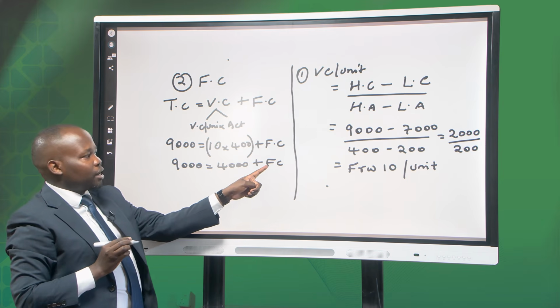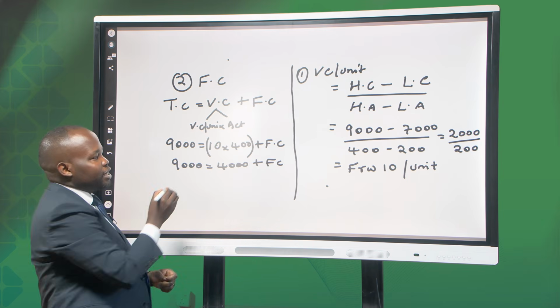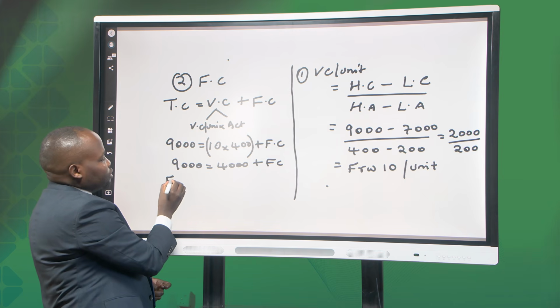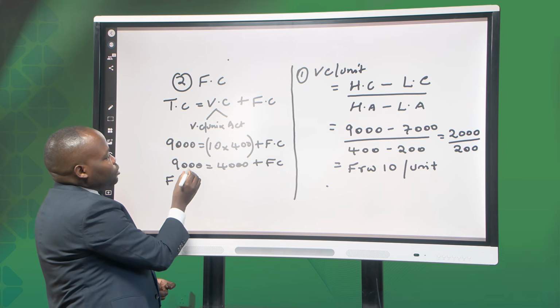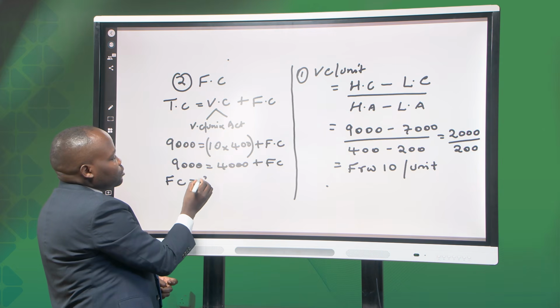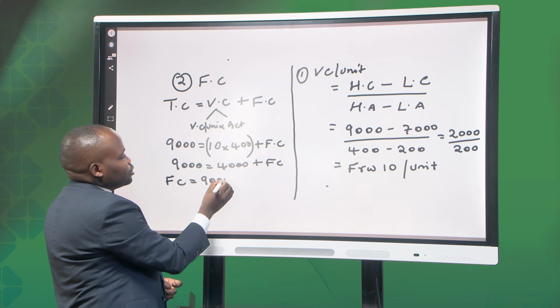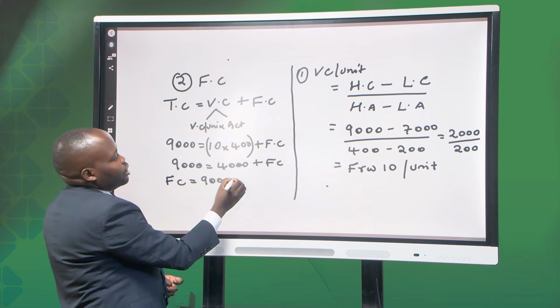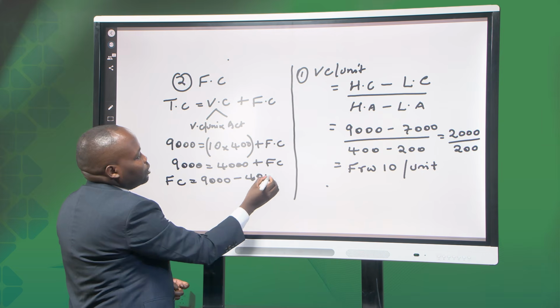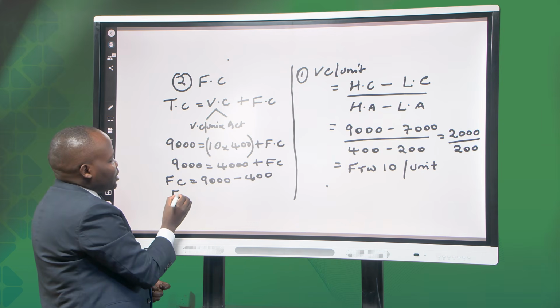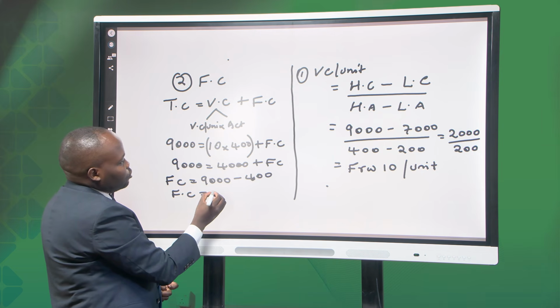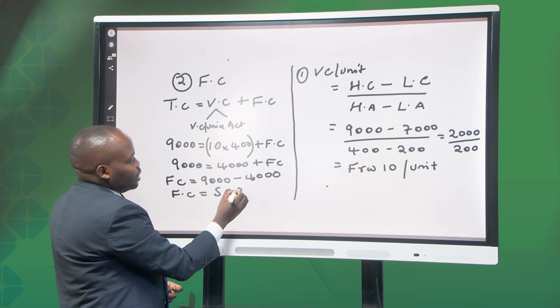So if you want to get the fixed cost, you make it the subject. So fixed cost will be equal to the total cost of 9,000 minus variable cost of 4,000. And this will therefore give you a fixed cost of 5,000.